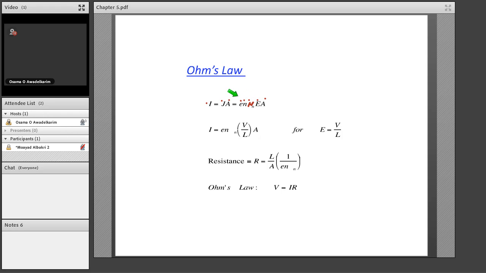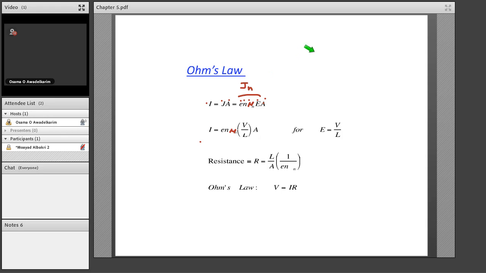So this part here is the current density, Jn, and this is the cross-sectional area. So the current I equals e, the electronic charge, times n times mu_n, times E and the area.